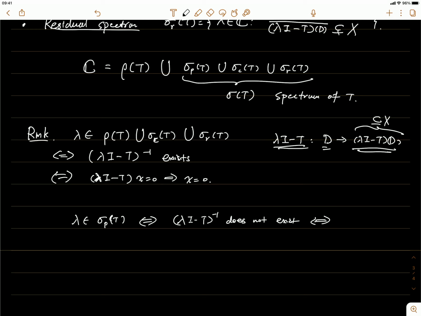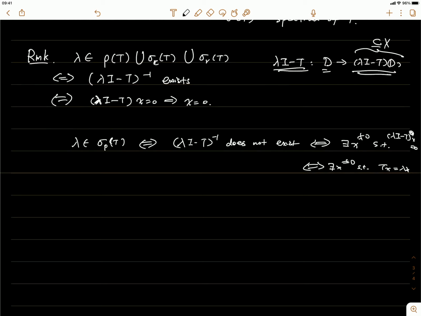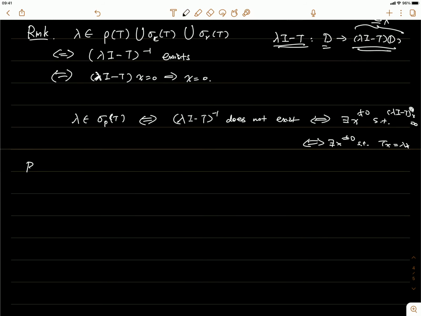This just means that there exists some non-zero x such that Tx is equal to lambda x. Now you can see that lambda is like the eigenvalue if T is the matrix, and x is like the eigenvector. These two are complementing each other. That's one of the remarks I want to make.